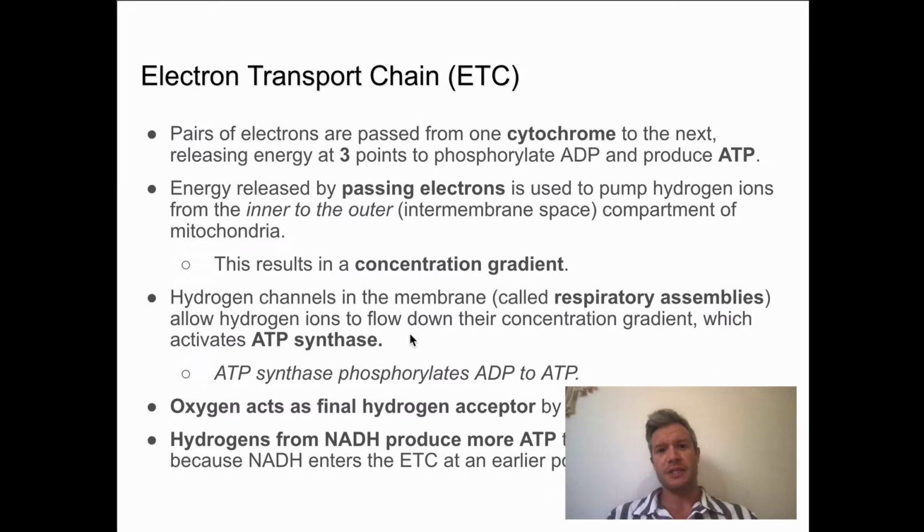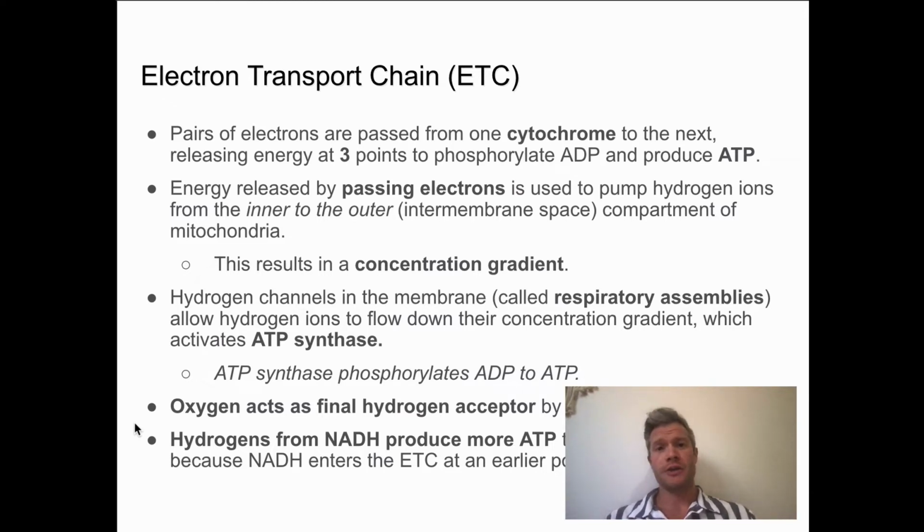ATP synthase creates a lot of ATP because so many hydrogen protons are pumped across the electron transport chain as the electrons move across the different protein structures in the mitochondrial membrane. To wrap it up, at the very end, oxygen accepts those electrons as well as hydrogen protons to make water.